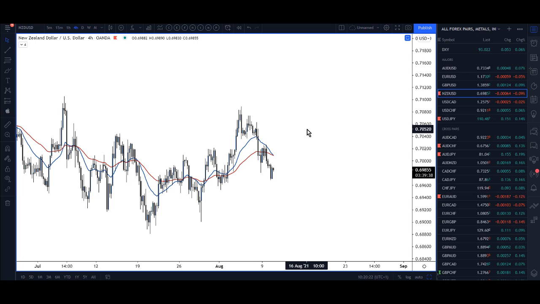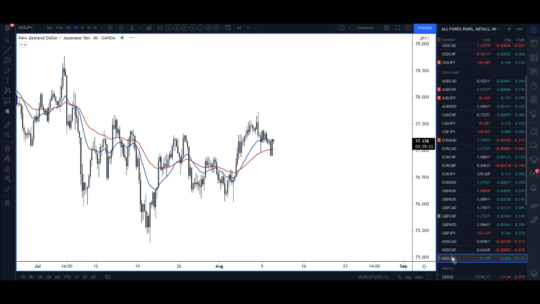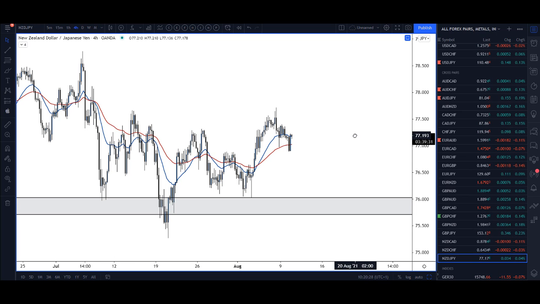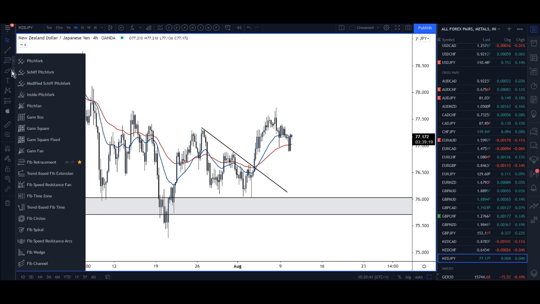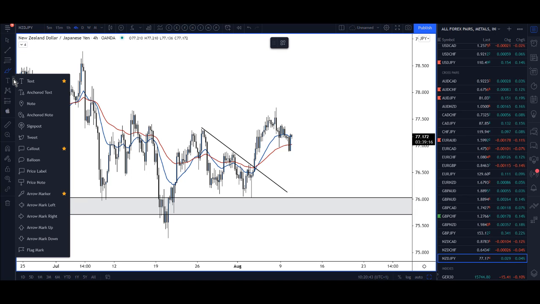Now there's another Kiwi pair of interest that we are looking at. That's Kiwi Yen. Same thing, looking for Kiwi strength. If I just show you, you can see that break of this trend line here, and we've actually pulled back into a previous area of resistance, which may now have become support.